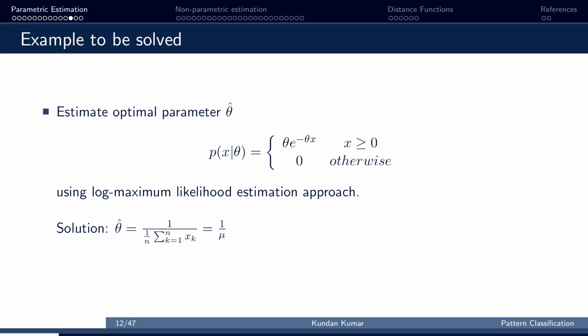So let us solve one problem where we have the given density function as this, and we have to estimate the optimal parameter theta. For that, the likelihood will be maximized.